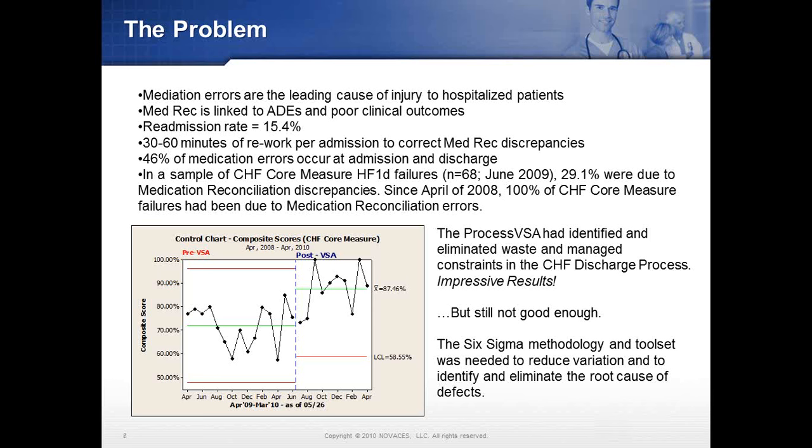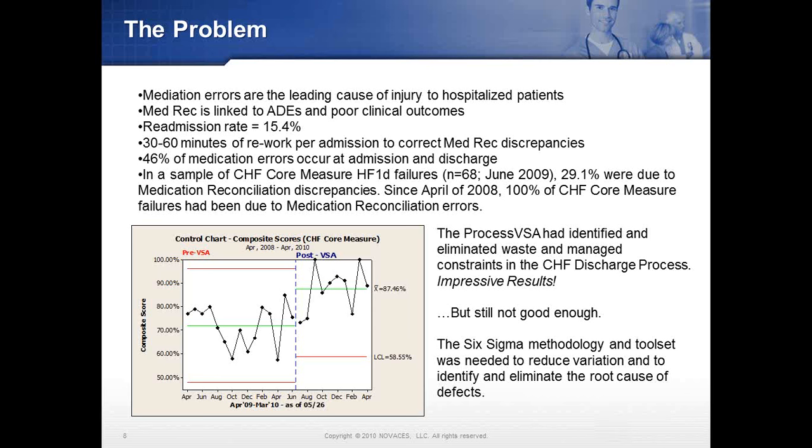I've worked on literally hundreds of projects looking at AMI or heart failure readmissions, and medication reconciliation is the culprit in many of those. Lots and lots of issues happen both at the admission end of a patient experience and the discharge end that can either go very well or very poorly based on how well this one process is executed.